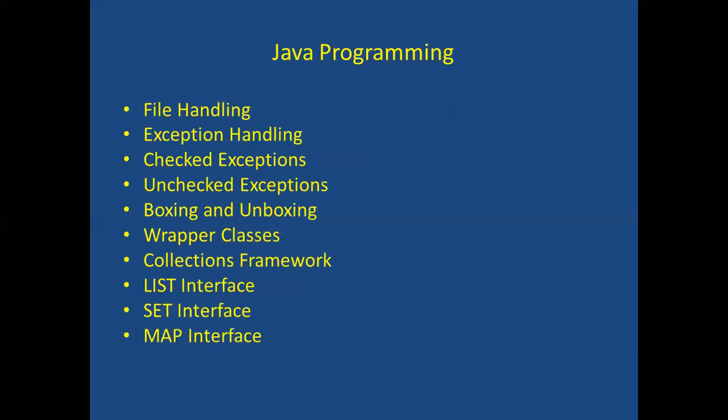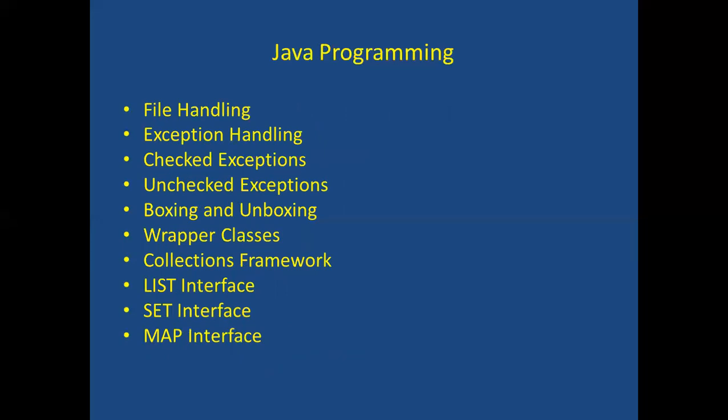And then we also learn the file handling. So maybe we use the java.io package to work with files, maybe a notepad or Excel sheet, and we'll see how to insert data into your file and how to read the data which is already there in a text file.